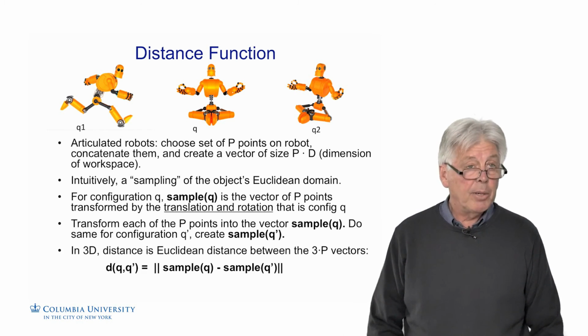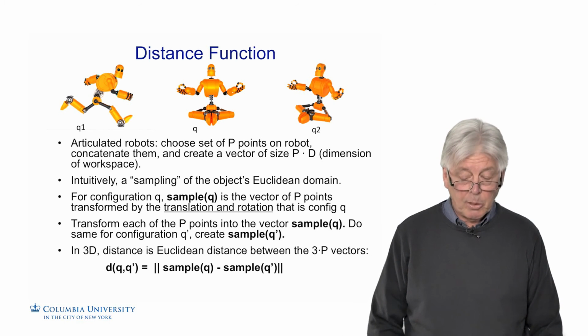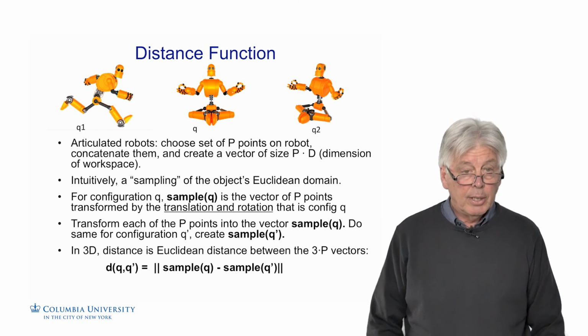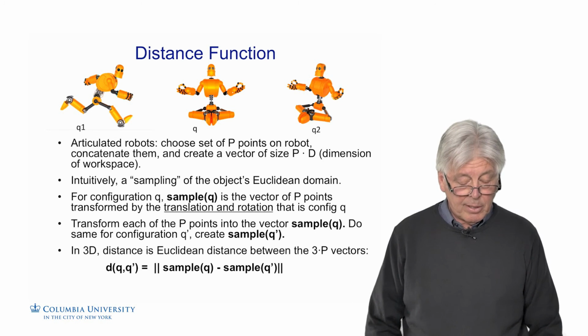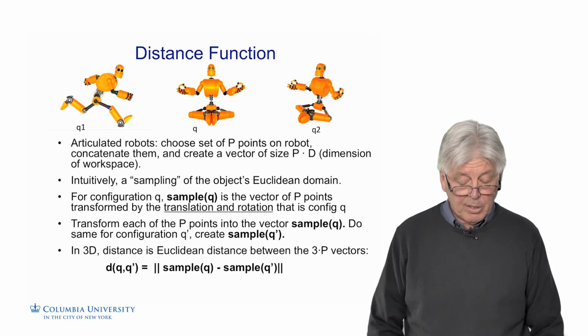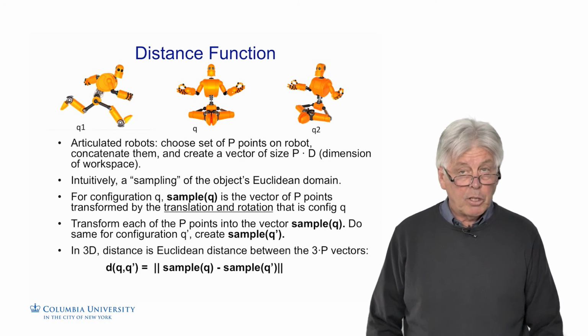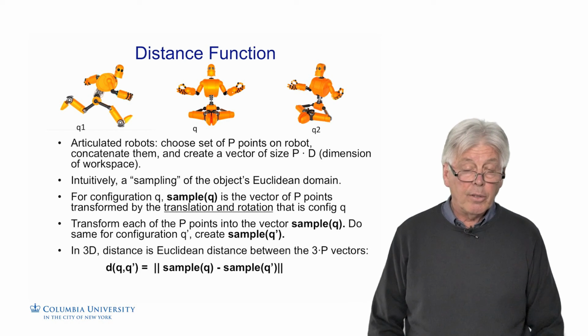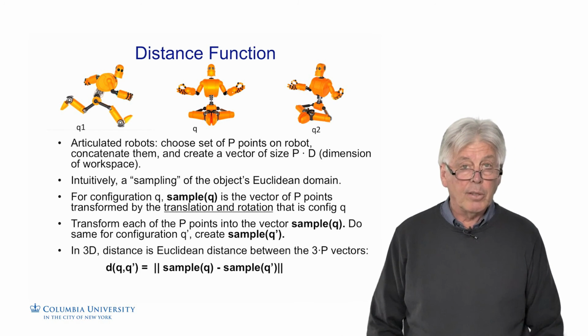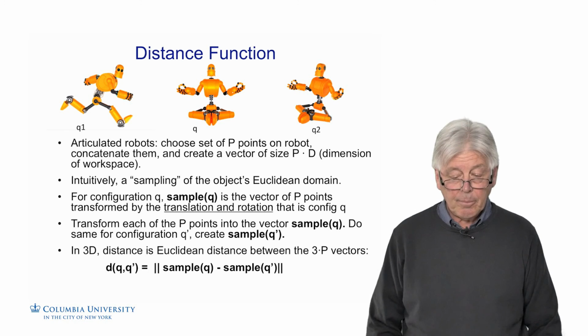From that we get a 3D distance, which is the Euclidean distance between the two p times d vectors. We'll call that the distance between these two samples that have been transformed by their respective translations and rotations on the designated points which we've sampled on this articulated robot.